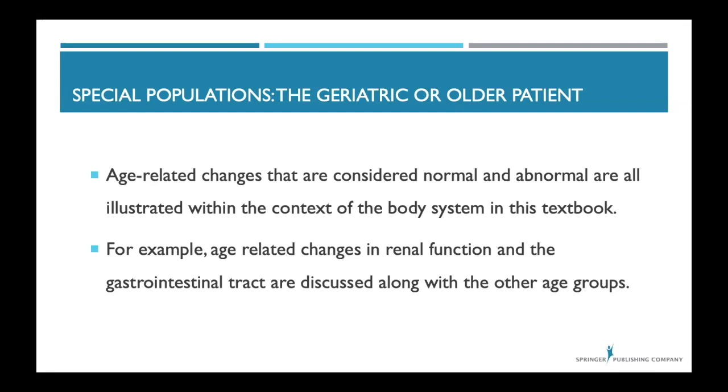A good example is changes in renal function. You may have a geriatric patient with a different GFR than your patient who is not geriatric, so either adult or pediatric, and you'll be able to see that very clearly. There are also changes in the gastrointestinal tract that are discussed along with the other age groups. Very helpful to consider them together.